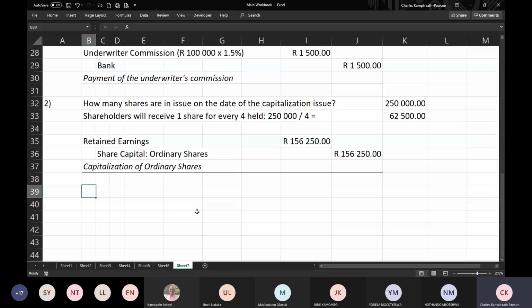Now the preference dividend. What is the value of the preference dividend? Can anyone tell me the value of the preference dividend?